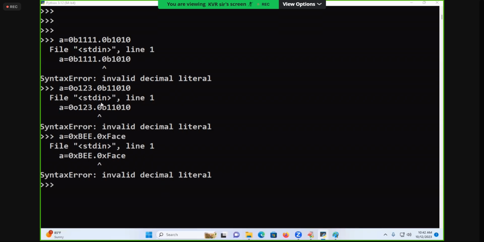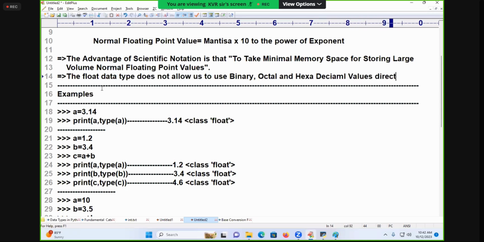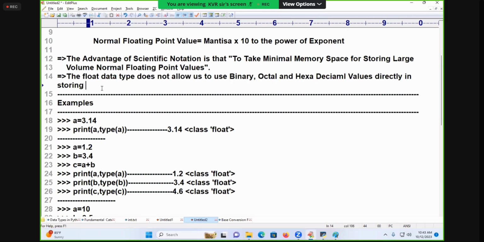This point indicates the float data type. The float data type does not allow us to use binary, octal, and hexadecimal values directly in storing floating point values.